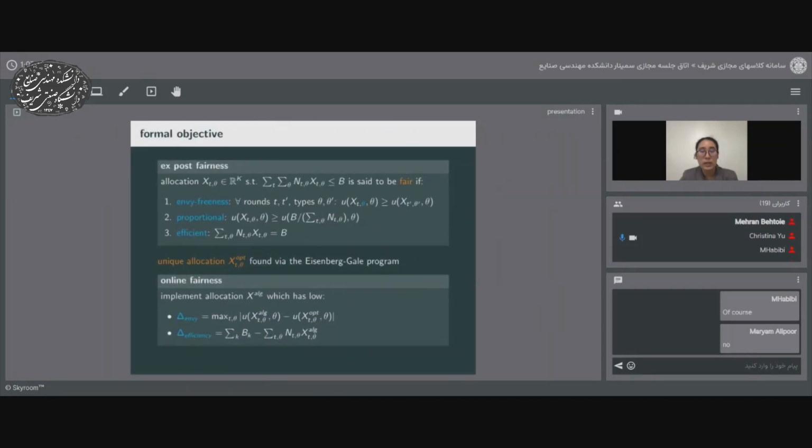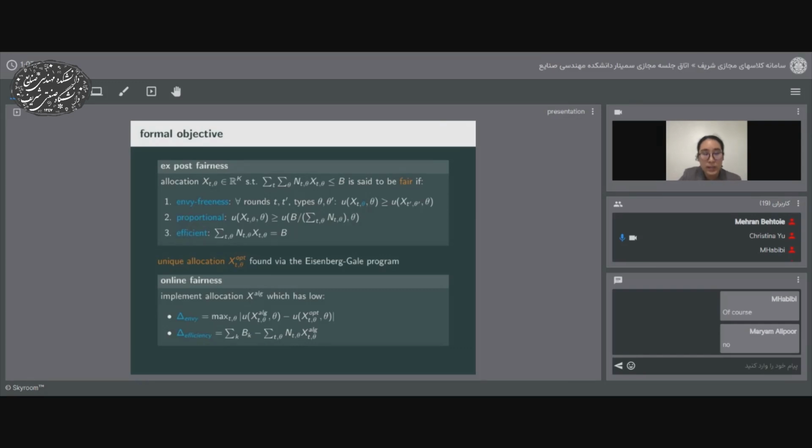And so in our online setting, what we'll look for is an allocation which has low delta EF, so this distance to EF free, which again is defined as the maximum over all rounds and over all types of the difference between the utility the agent has for the allocation he was given minus the utility the agent would have gotten from the hindsight optimal allocation, this X opt.